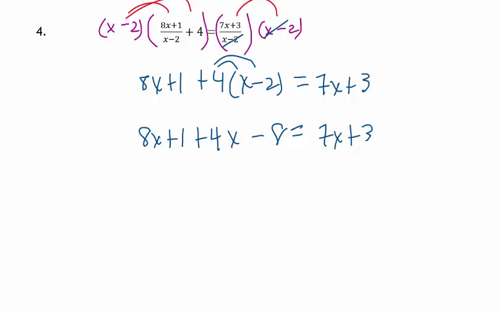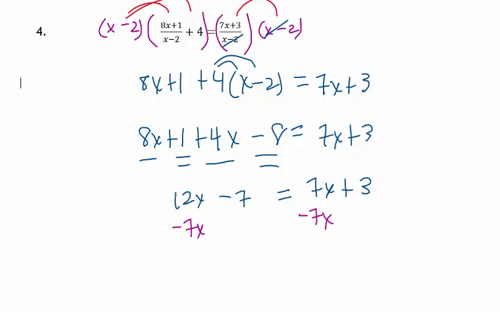So we have 8x plus 4x, which is 12x, and then 1 minus 8, or negative 7, is equal to 7x plus 3. We want to get the x's to one side and the constants to the other. And so when I typically decide what to move first, I choose the smaller x. So I'm going to move the 7x. That gives us 5x minus 7 is equal to 3.